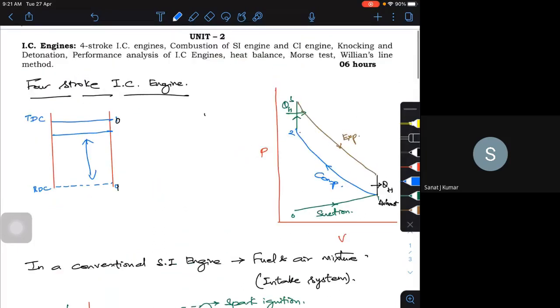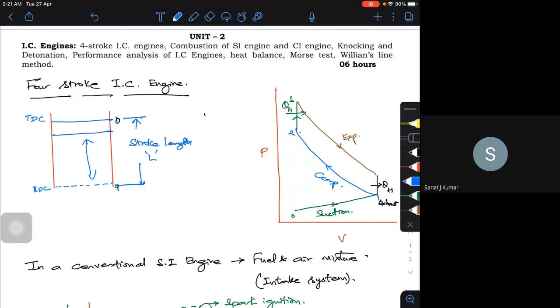In this piston, this is called the stroke length, L, between your TDC and BDC. That is what we call the swept volume. I need to consider that volume: stroke length into the cross-sectional area.